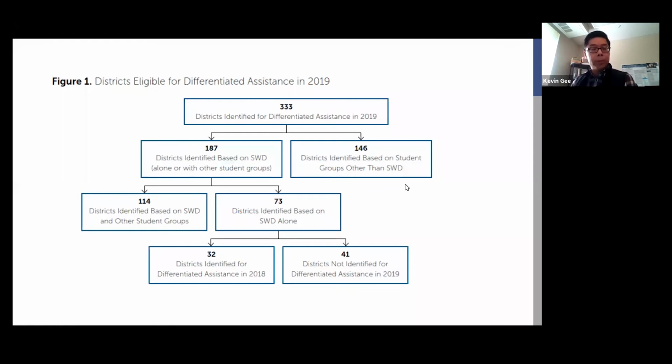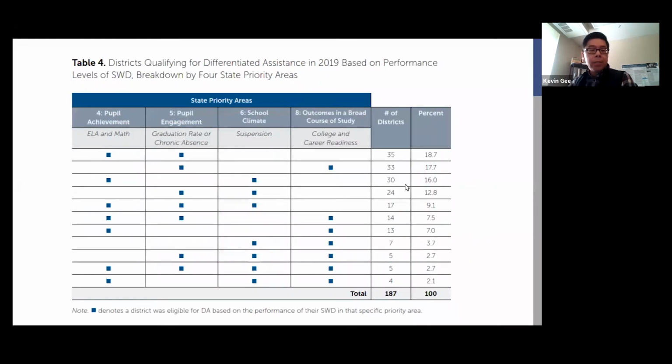So I think it's important to hone in on who those districts are and the types of supports they may need to support their students with disabilities. I think one thing that this differentiated system does is it allows us to really look at the intersectional challenges, as Jeannie had mentioned, that exist at the district-wide level.